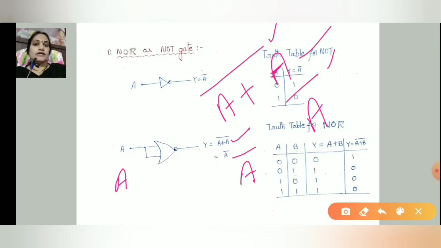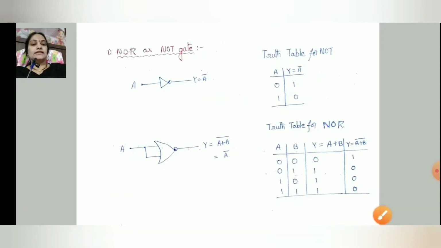You got A complement as output with the input A. That means here the NOR gate performed as NOT gate. Okay. So you have to remember that for NOT gate satisfaction, you have to use a single NOR gate and the two inputs to be connected each other.